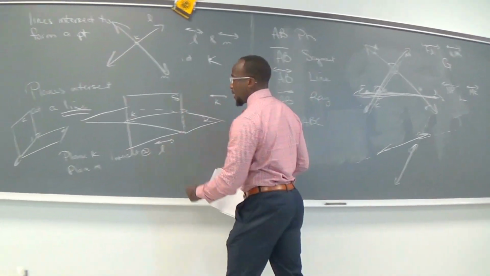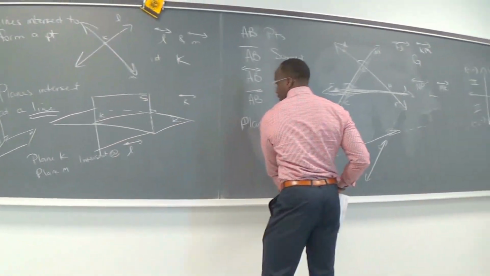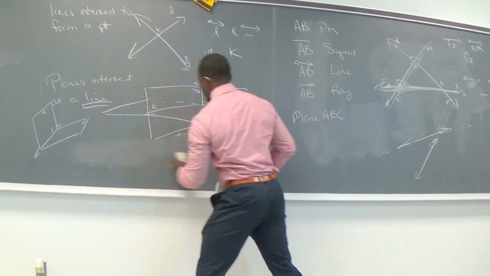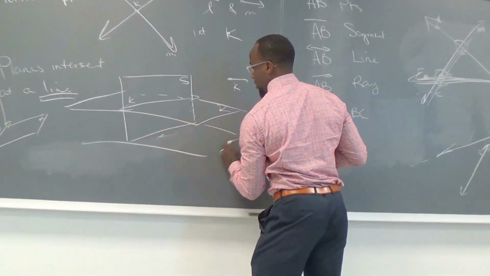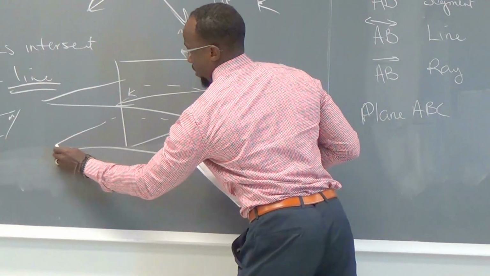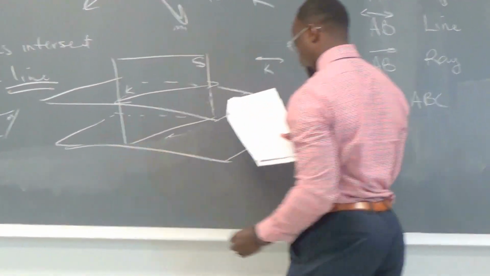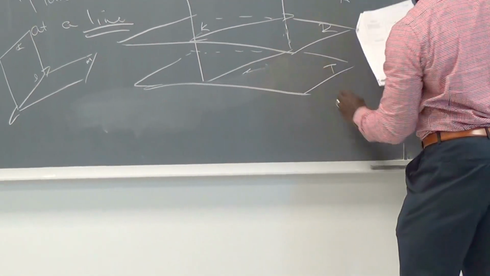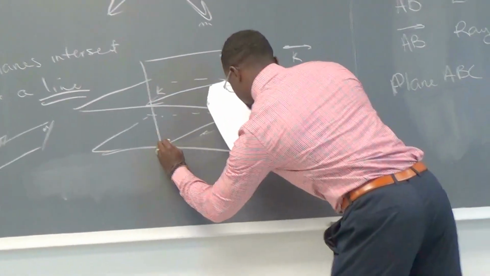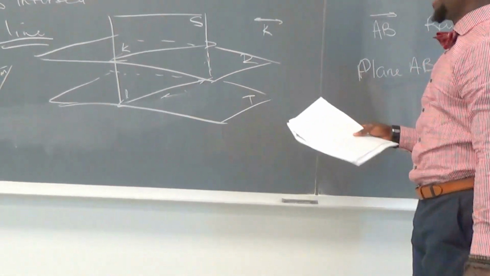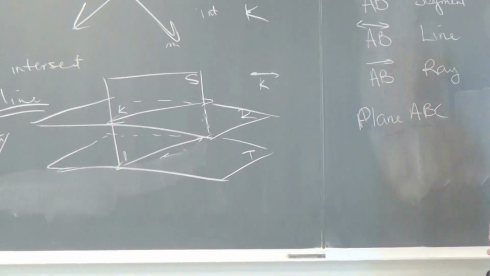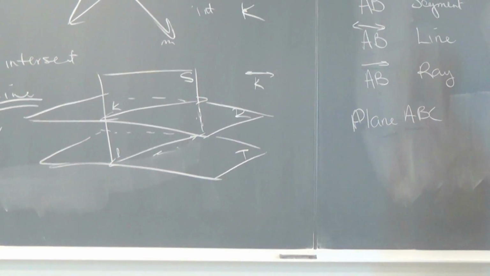All right, and let's draw another plane further down. If this is plane T, and this is line L. Where would plane R and T intersect?